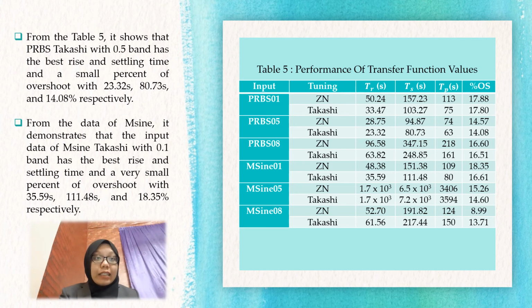For the M-sign data, it shows that M-sign Takahashi with 0.1 band has the best rise and settling time, which is 35.59 seconds and 111.4948 seconds, and it has a very small percentage of overshoot, which is 18.35%.